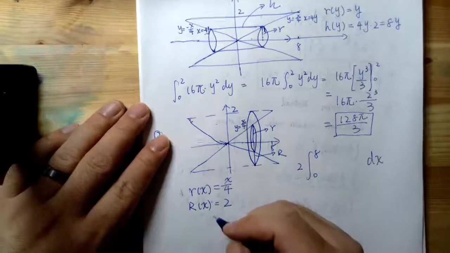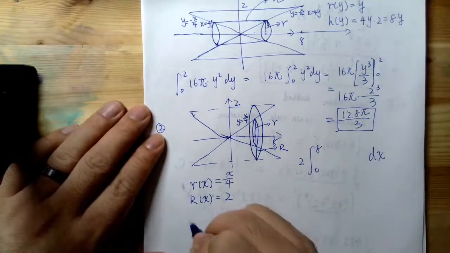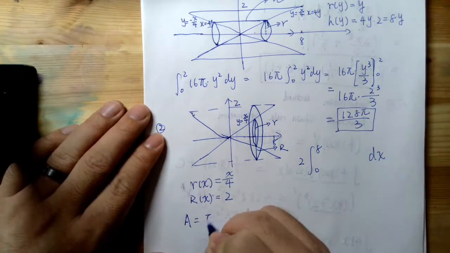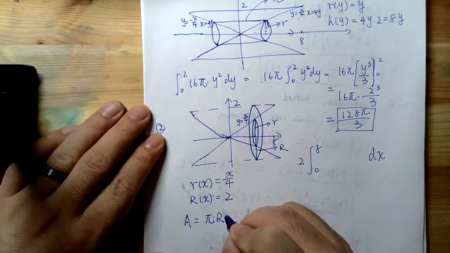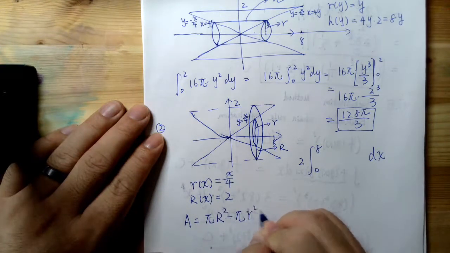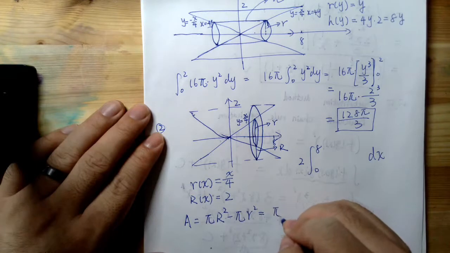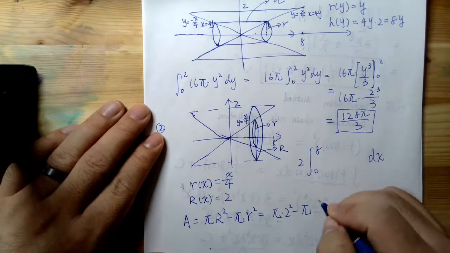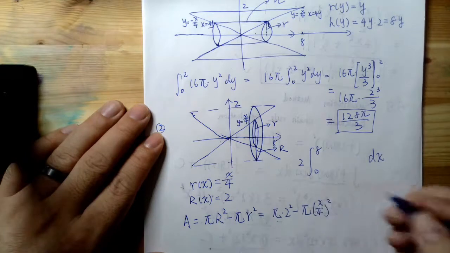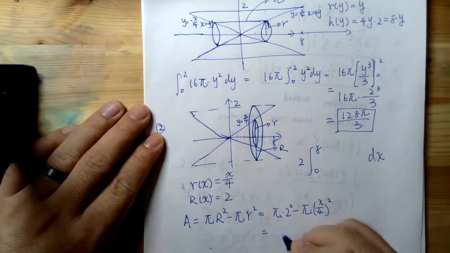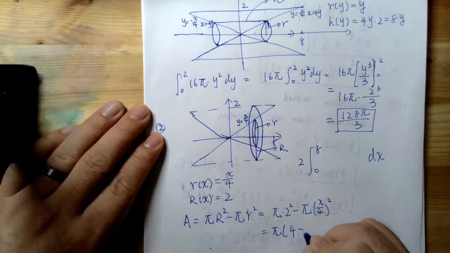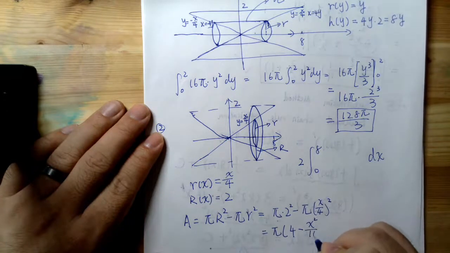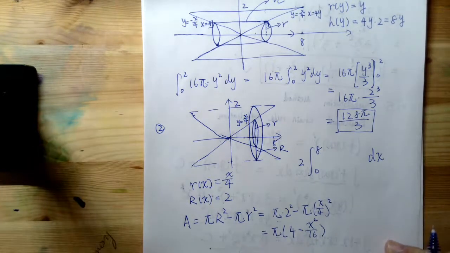So the area of the cross section, which is pi R squared minus pi r squared, gives us pi times 2 squared minus pi times x over 4 squared. Turns out this is pi times 4 minus x squared over 16.